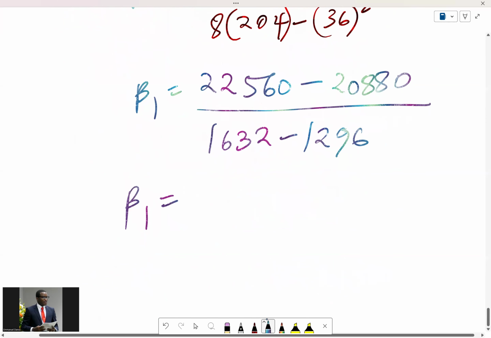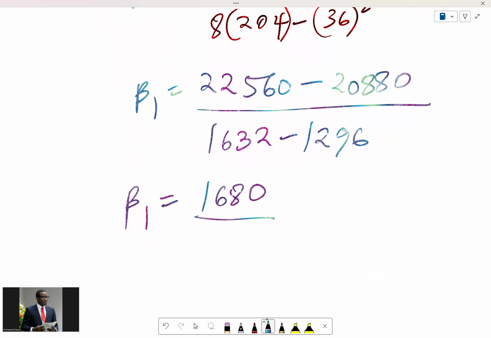So that beta 1 is equal to 22560 minus 20880. So that is 1680 divided by 1632 minus 1296.